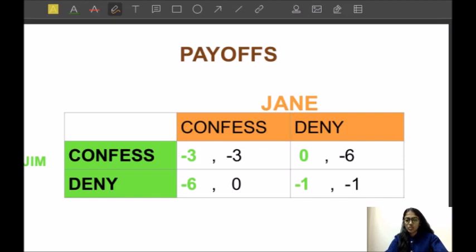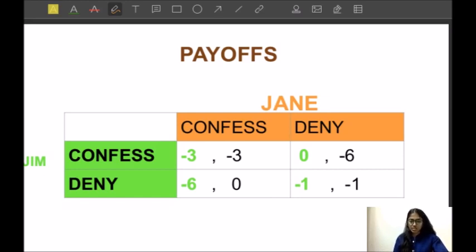But let's see what the outcome will be. We know that they're both in different prison cells, hence they cannot communicate, and we also know that they're hardened criminals, so they'll think about themselves first rather than about the other, and they have no sense of loyalty towards one another. So now let's put ourselves into the place of Jim and see what he will do.